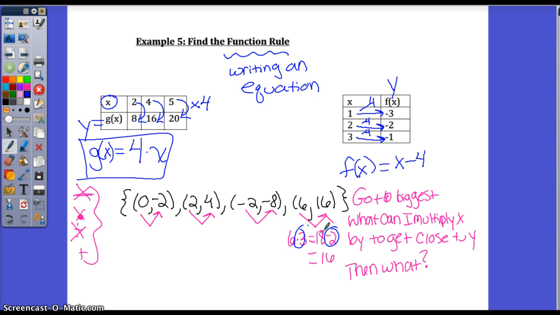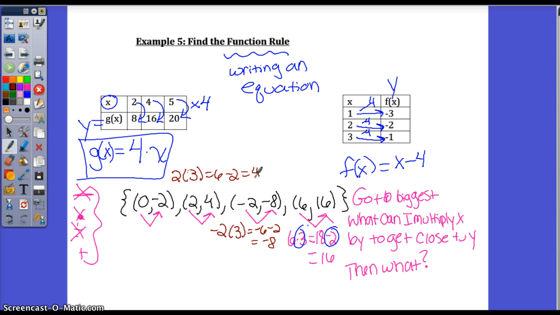Let's see if this works here. If I did negative 2 times 3, well, that'll give me negative 6. And if I subtract 2, that gives me negative 8. Let's try it here. 2 times 3 equals 6. Subtract 2, that gives me 4.